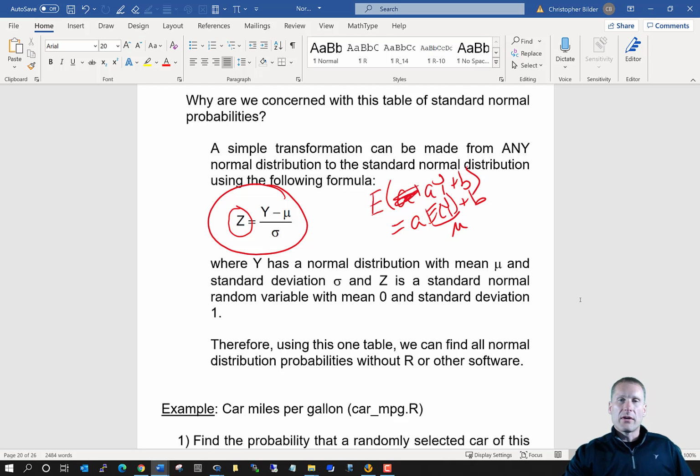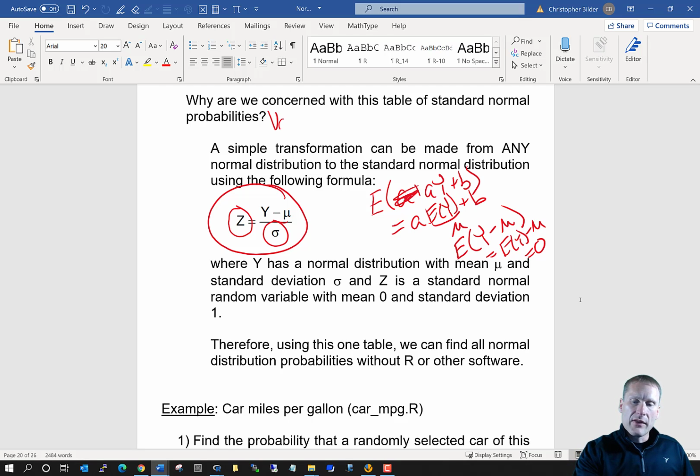Suppose we put mu in there for expected value of y. Now look what happens if I instead looked at this, y minus mu. I can then rewrite this as expected value of y minus mu. In other words, 0. Combine that with sigma, you're still going to get 0. So that's why z has a mean of 0.